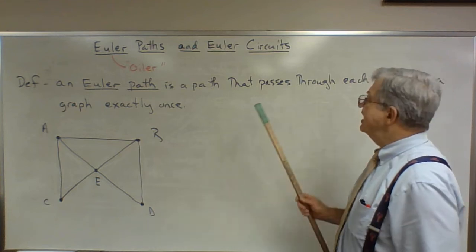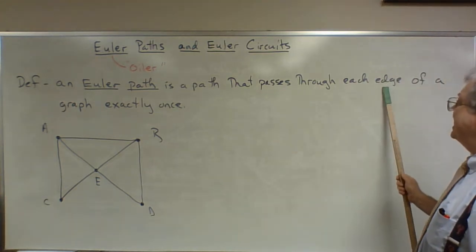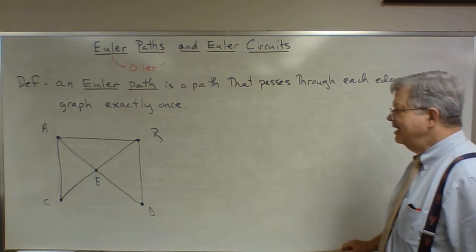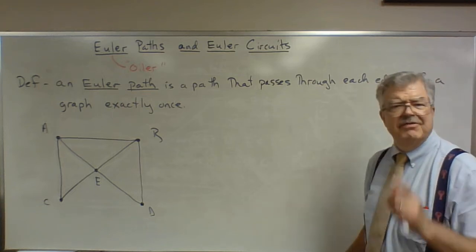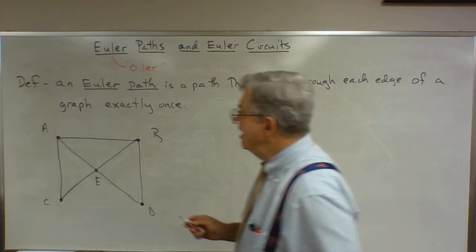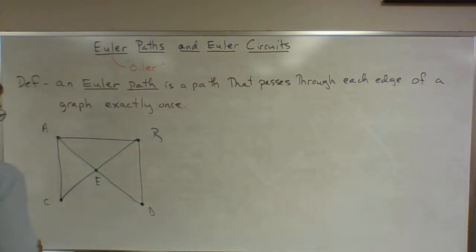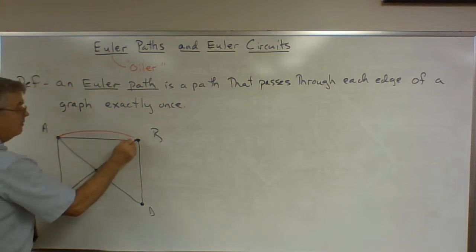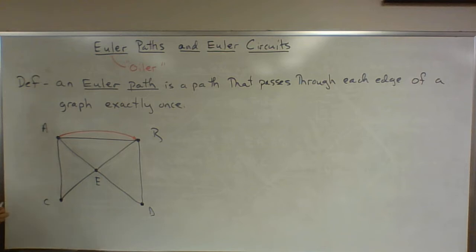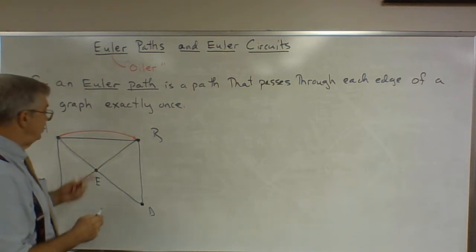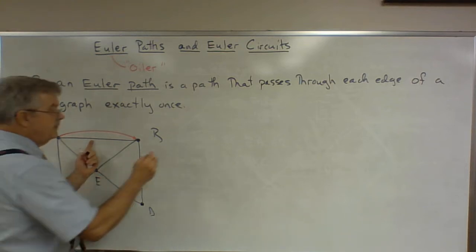So my path has to pass through each edge of the graph exactly once. Let's see if I can do it. For no other reason other than A comes before these other letters, I'll start at A, and I'll go from A to B. There's my first edge. I got this edge covered.